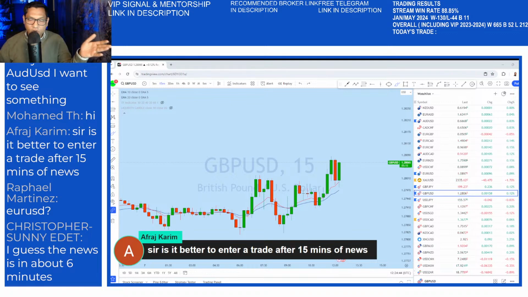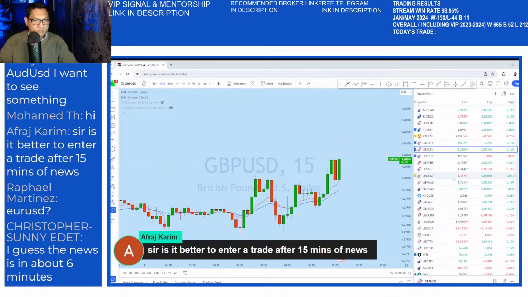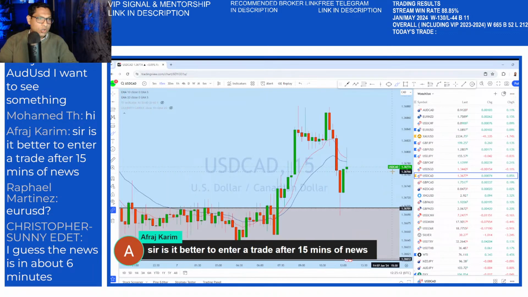If you are trading on the 5 minutes time frame, it can be traded on 5 minutes or 15 minutes candle close. Depending on your trading time frame, it's normally better to wait for the candle close, because after the news the market becomes very unpredictable. But with NFP, it might be 15 minutes, even half an hour, depending on how the market is reacting.